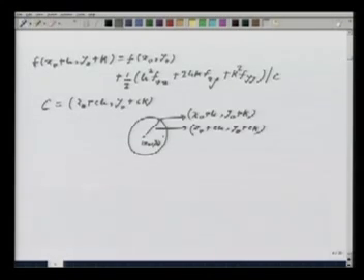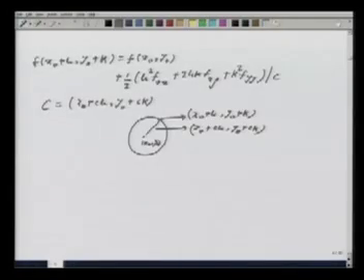So by varying h, k and c, I can actually get hold of points in a disk around x naught y naught. That is the whole point. Okay. Notice in the above expression, the fx and fy's don't appear because fx and fy are actually assumed to be 0, because x naught y naught is supposed to be a local extremum, that is either a local maximum or a local minimum.